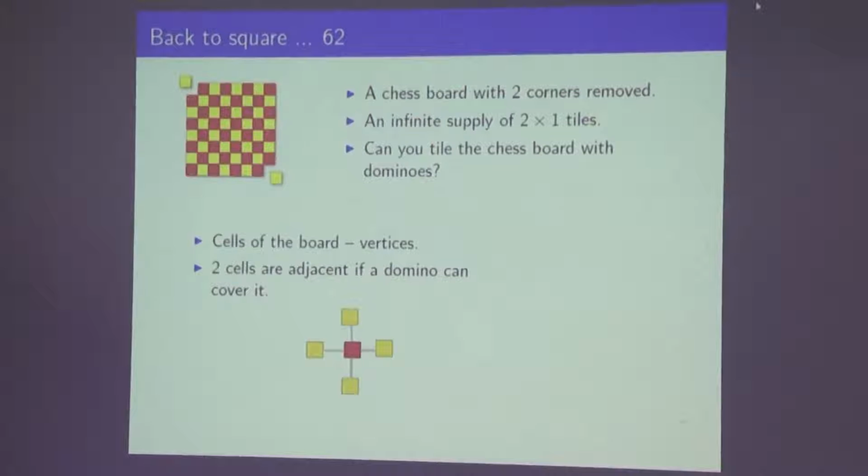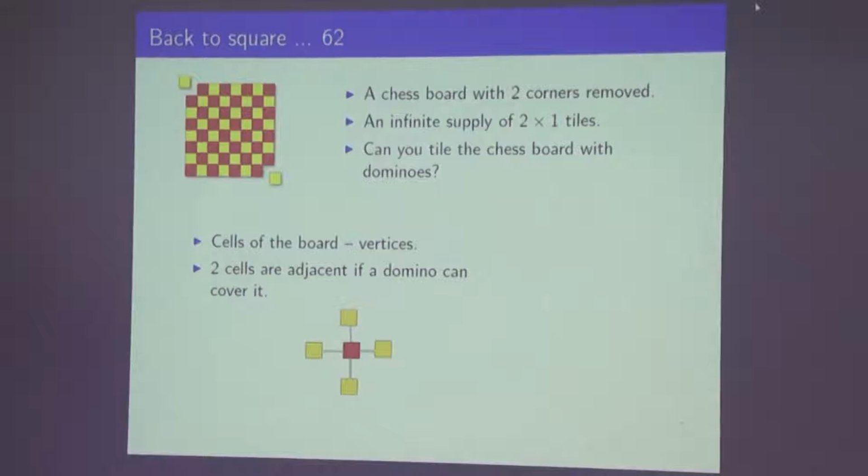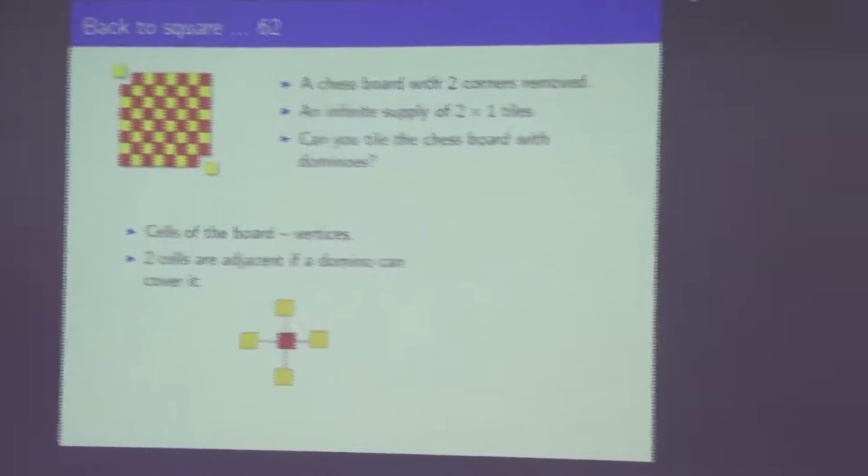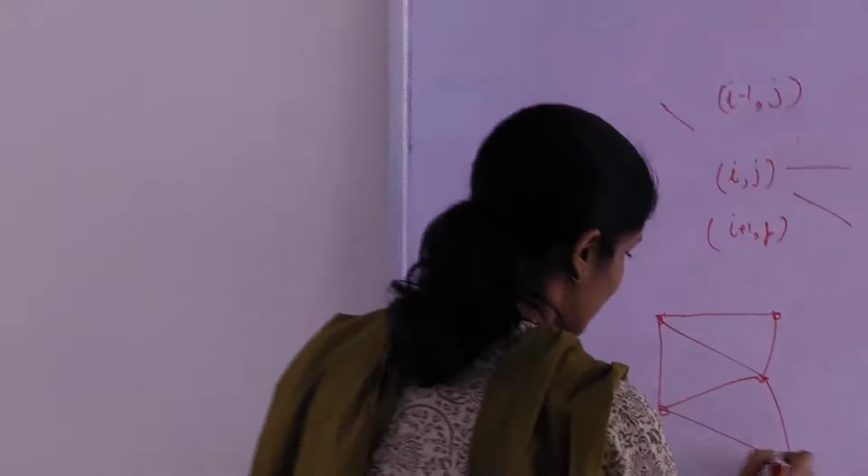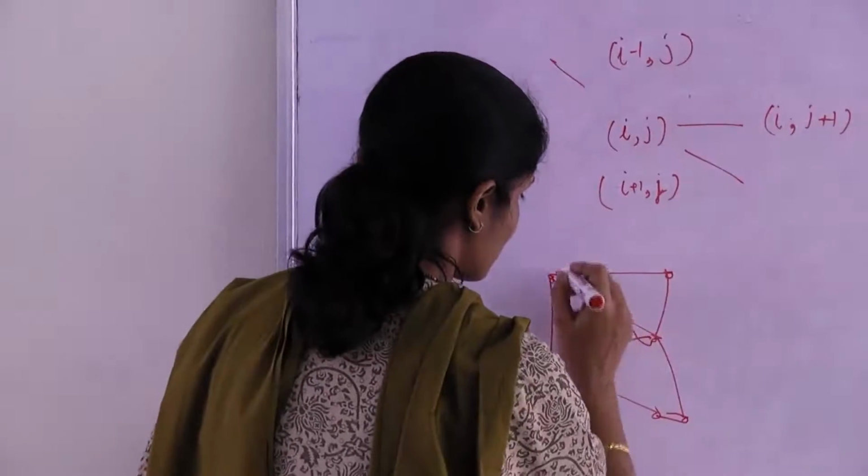Now, can we say anything about this? What is a matching now? Is there a matching problem? Whenever a domino is put on two cells, you can think about those two cells being matched to each other. So you are matching this to this, this to this.